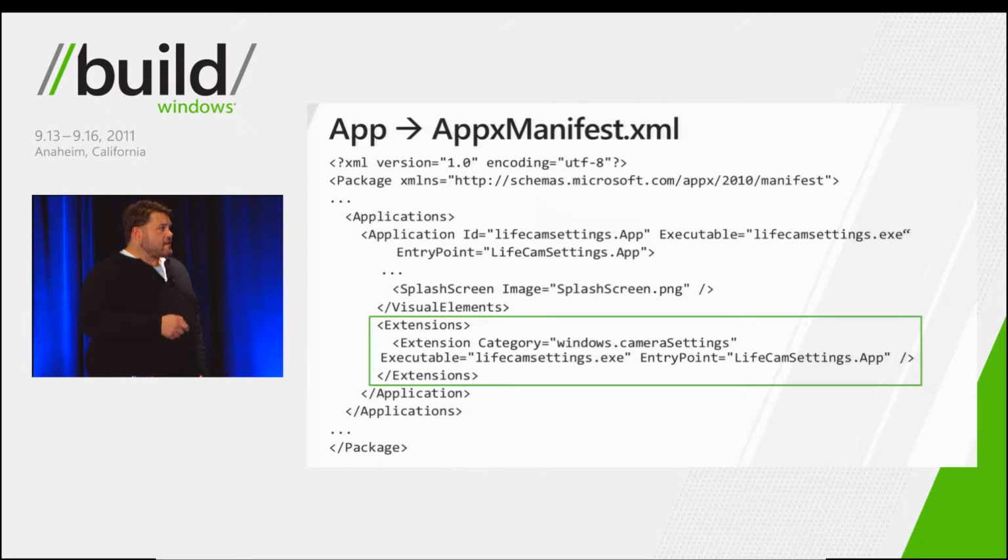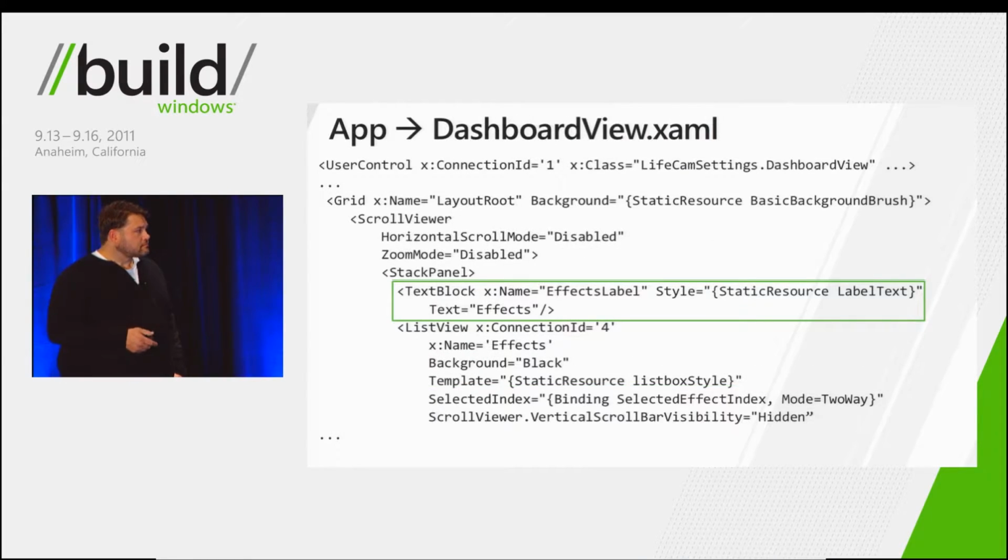And they didn't have anything else they had to do that was any different from any other Metro style app. And that's a key point I want to keep making, which is that it's just a Metro style app. There's really nothing unique about this Metro style device app. Our colleagues in Microsoft Hardware have taken advantage of the XAML support we have. It just happens to be how they've implemented it.